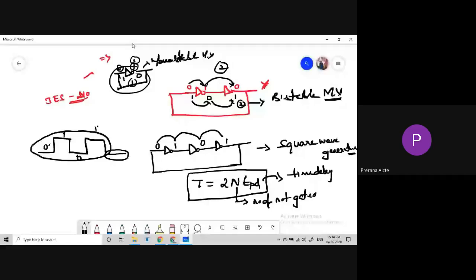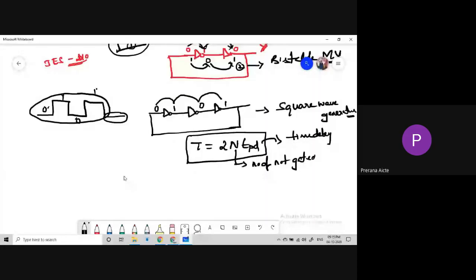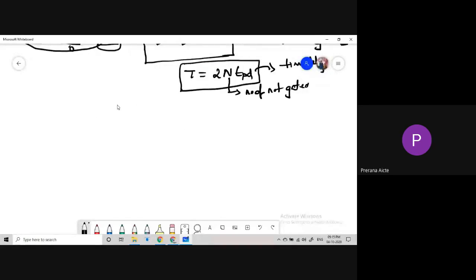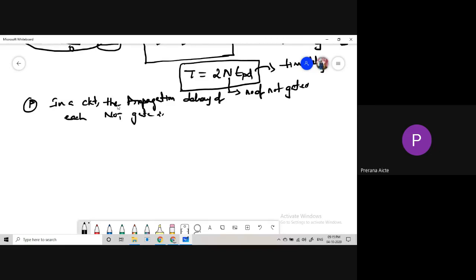Yes, so please take a problem. In the following circuit, the propagation delay of each NOT gate is 100 picoseconds.